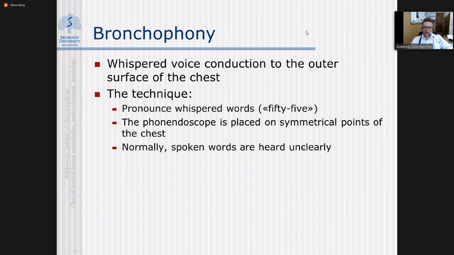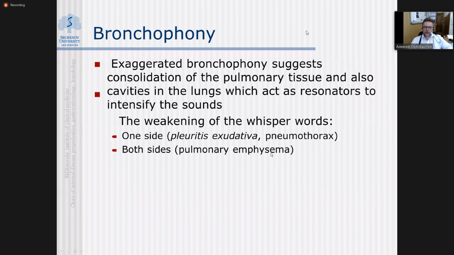If you are unable to understand what the patient is saying, just some kind of distant echoing, you understand the patient is saying something, but you are unable to recognize the phrase. That's normal, indicating normal density of the patient's parenchyma.